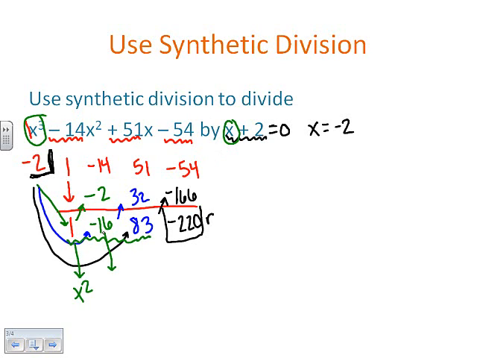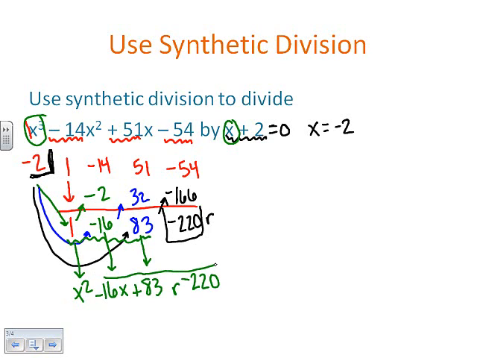The next term is going to be a negative 16x. And the final term will be a plus 83. So we go from x squared to x to no x, with a remainder of negative 220.